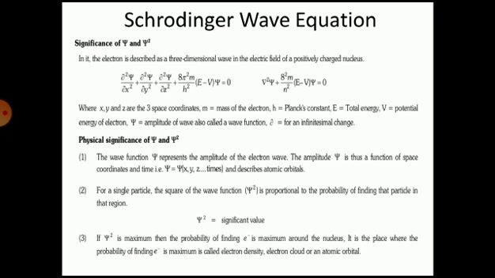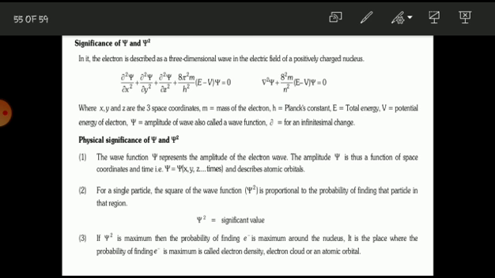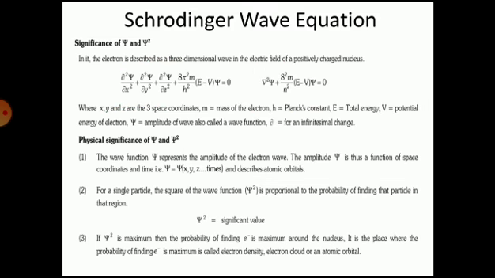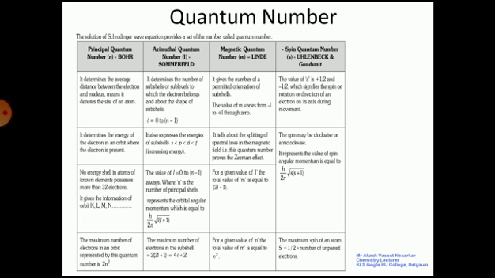Next, the Schrödinger wave equation. When the electron is described as a three-dimensional wave in the electric field of a positively charged nucleus, we get the Schrödinger wave equation, and it is given like this. The solution of the Schrödinger wave equation provides a set of numbers called quantum numbers.